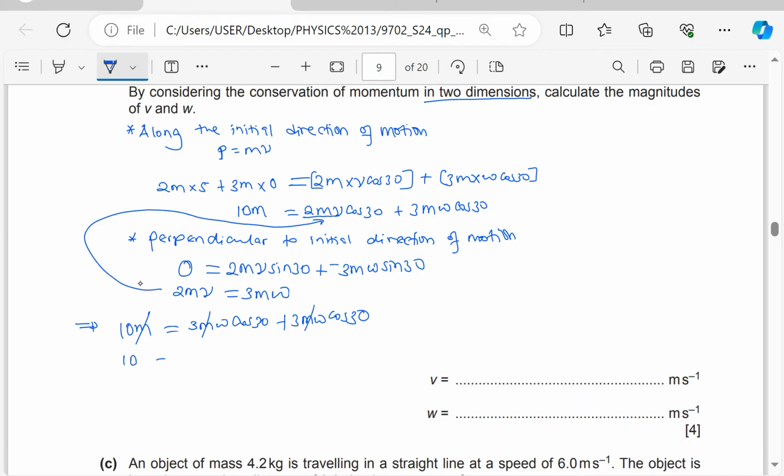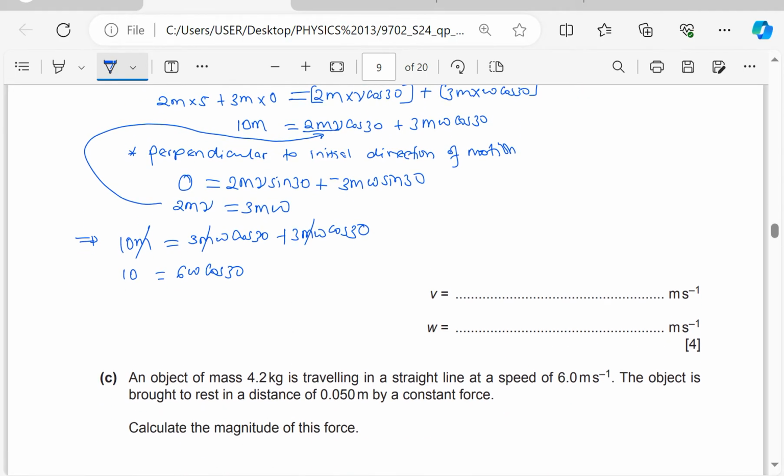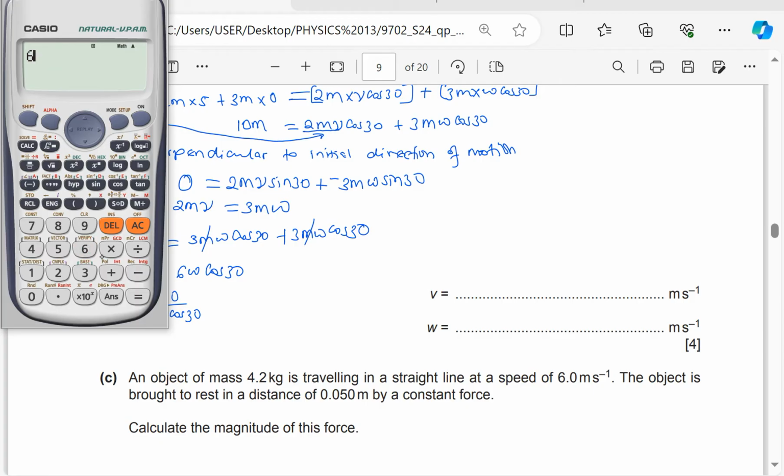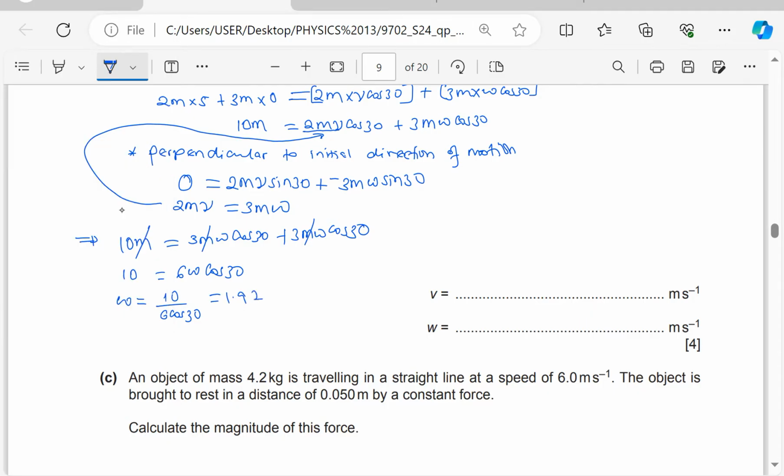But I have that 10 is equal to 6w cos 30. So what is w? w is equal to 10 divided by 6 cos 30. So this is 1.92. So w is 1.92.